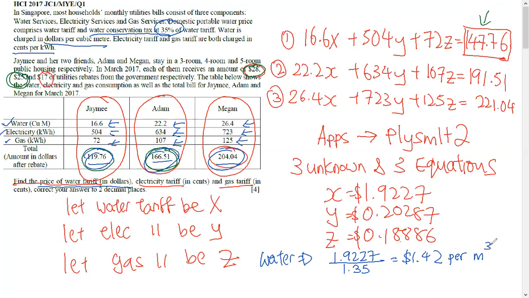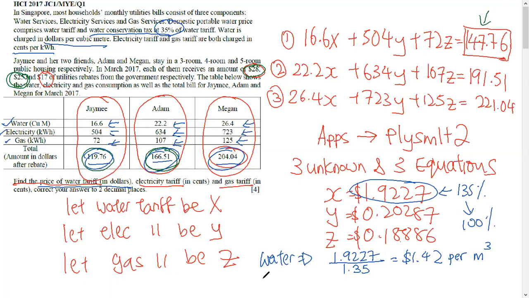So I say again, why we divide by 1.35 is because the value here, the $1.92, is the value after the tariff is applied. So this itself is already 135%. So we want to find out what is my 100%, which is the original cost of the water.